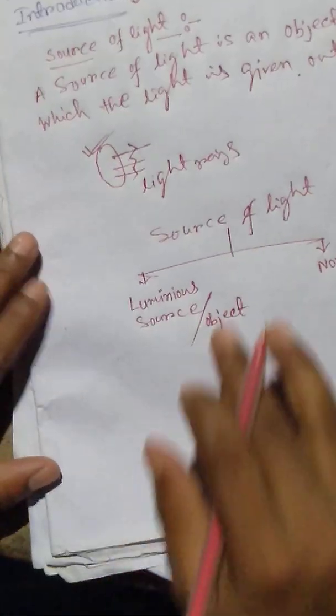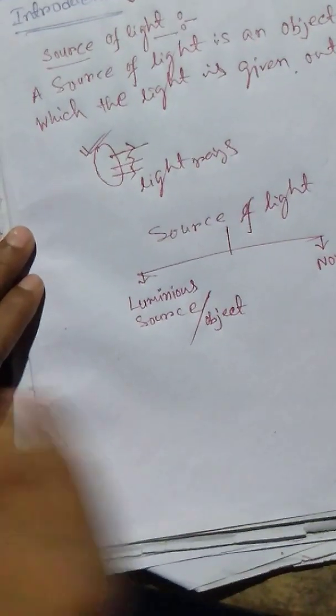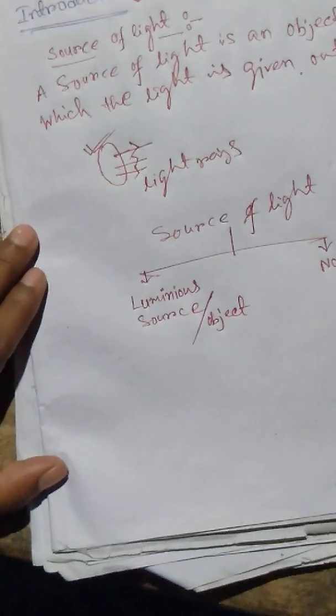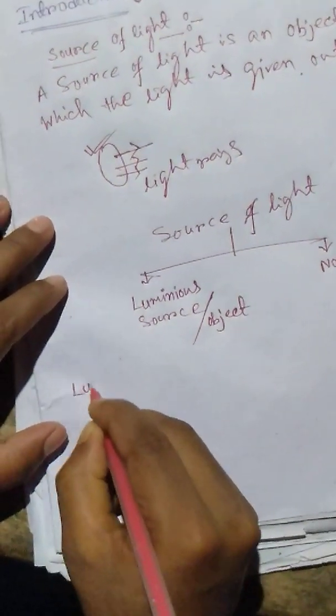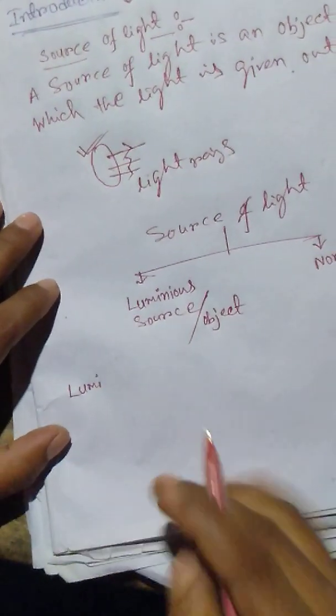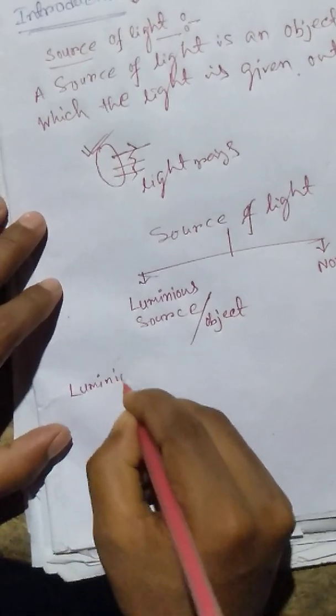Now we have to define the luminous object and the non-luminous object. Let's define the luminous object first.